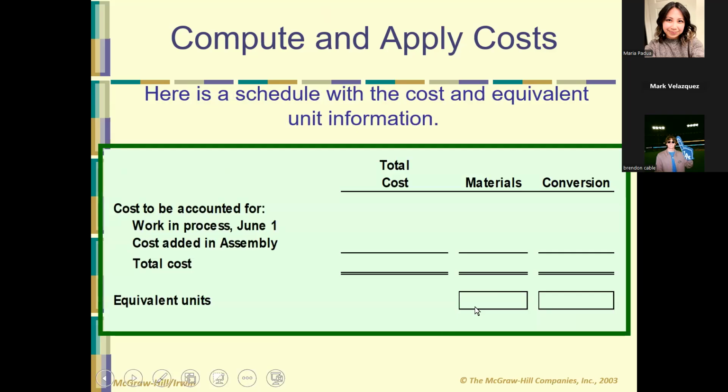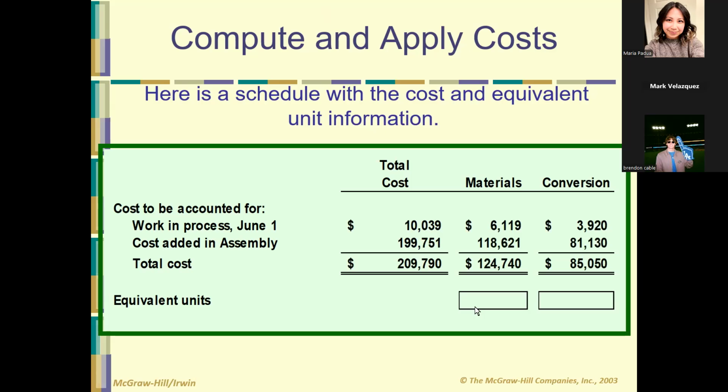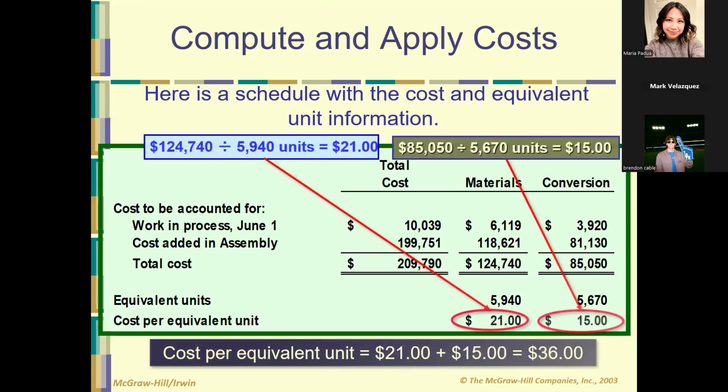And now they're going to give us a little schedule here, showing you the total cost to be accounted for. Remember, they are giving you these numbers here. And the equivalent units we just figured out at the end of the month were 5,940 and 5,670.